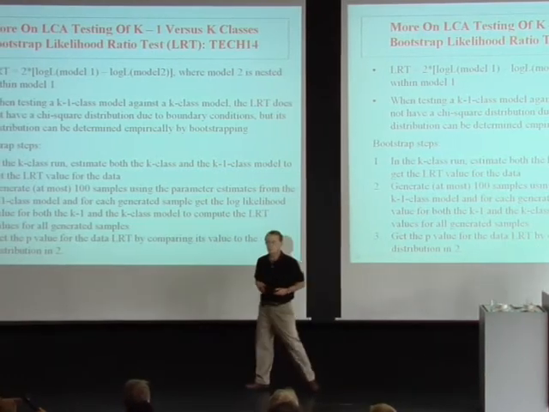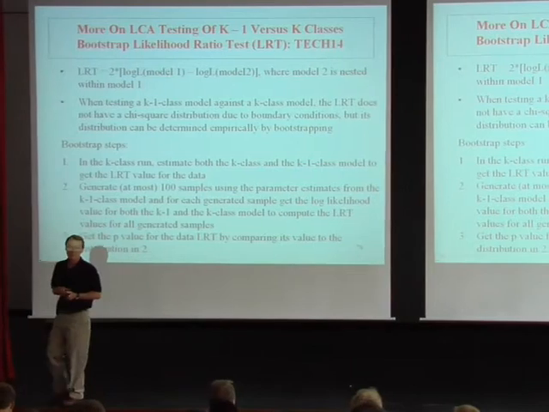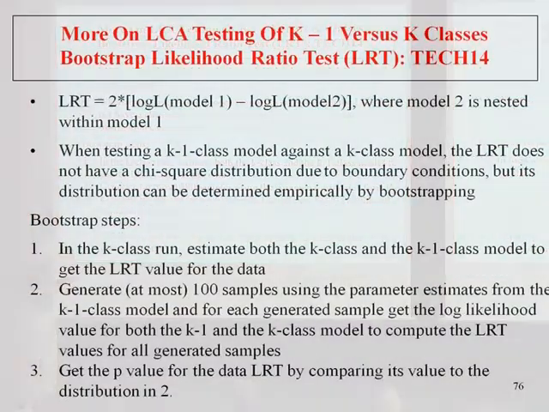Yeah, so I think the question is about the Tech 14 or the bootstrap likelihood ratio test. And we talk about 100 samples here. In this case, Tihomir Asparouhov has written about this. He has come up with a sequential decision technique for limiting the number of samples that you have to draw.